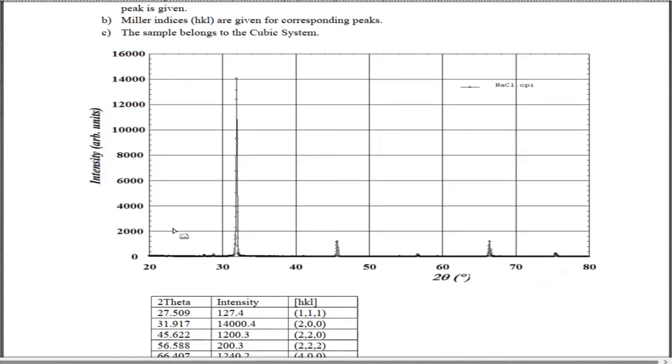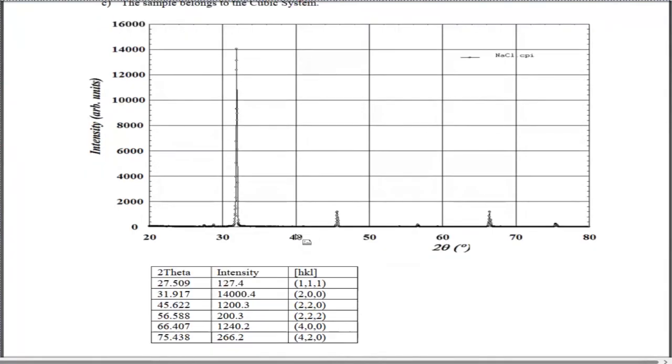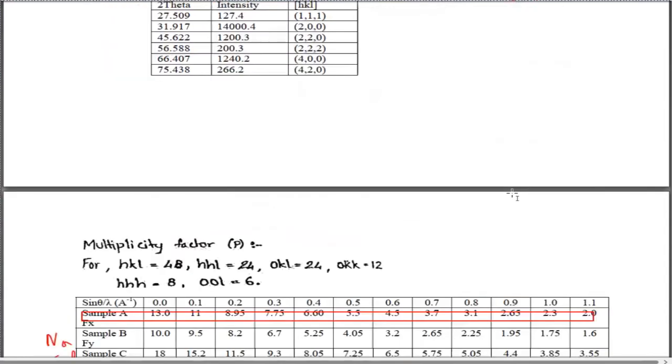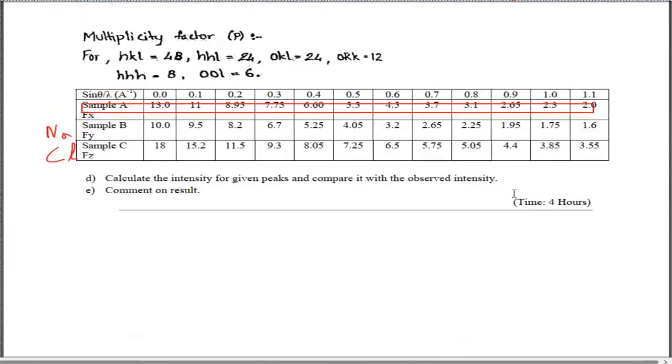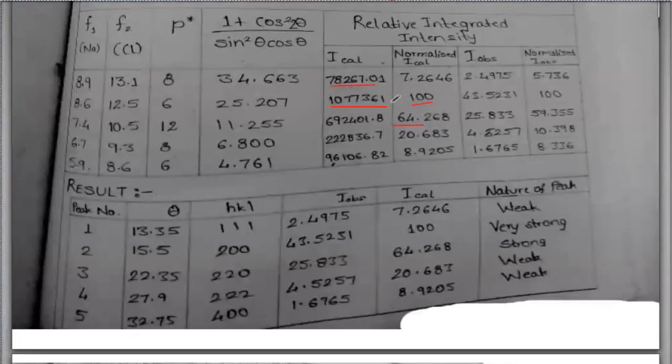This scale means you can take a ruler and note down the length of this peak, okay, and then you know you have, say, a scale of 1 centimeter equal to 2. So multiply with that height. That will give you the intensity. Okay, so repeat it for the various peaks, and then you are going to get this thing. So once you get all these observed values, again you normalize.